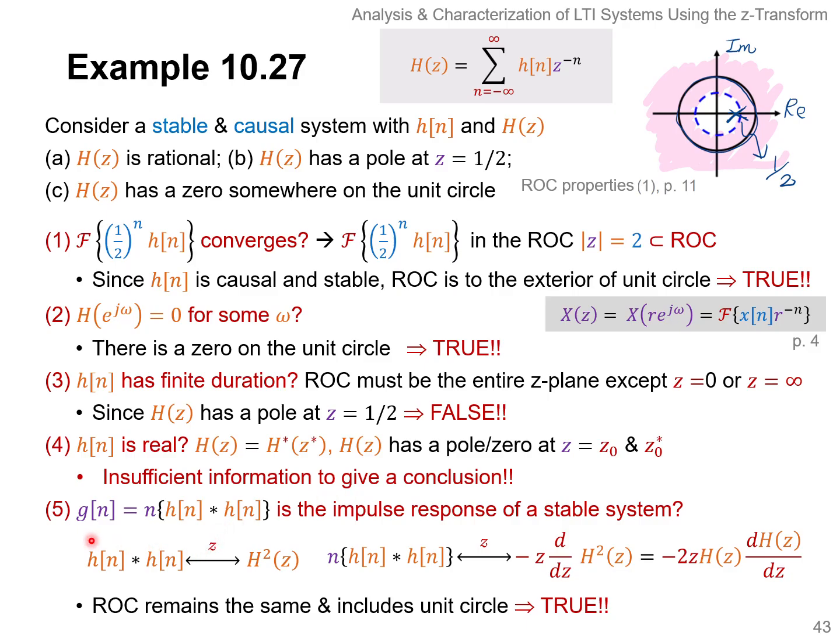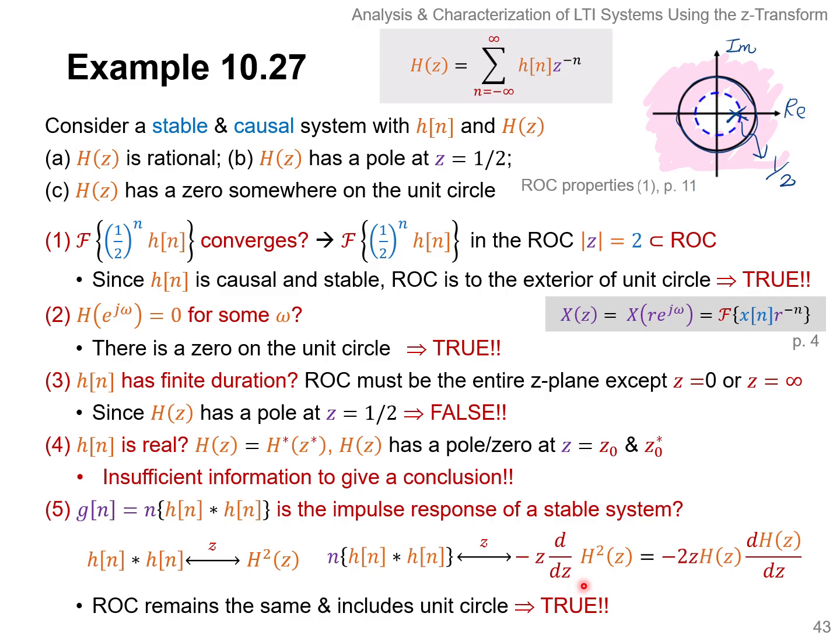Fifth question. We define a new signal. We convolve the impulse response with itself. Then we multiply by n. Convolution in time becomes multiplication in the z-domain. And multiplying by n becomes differentiation in the z-domain.